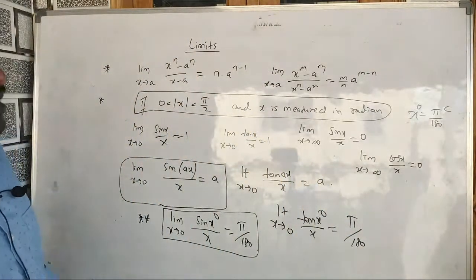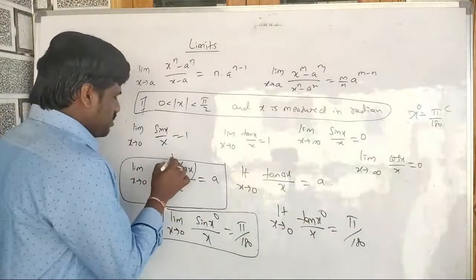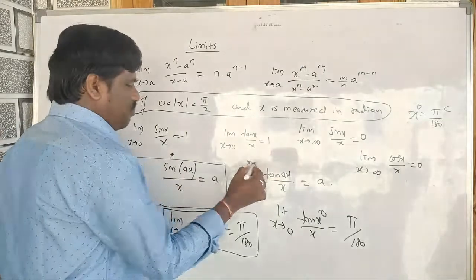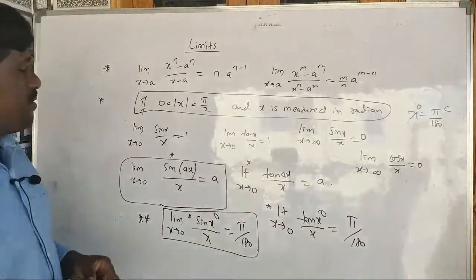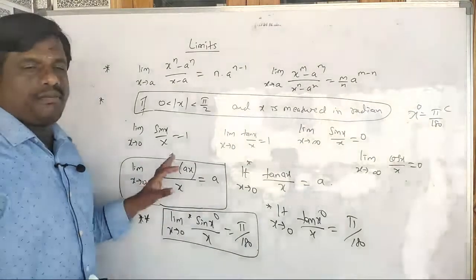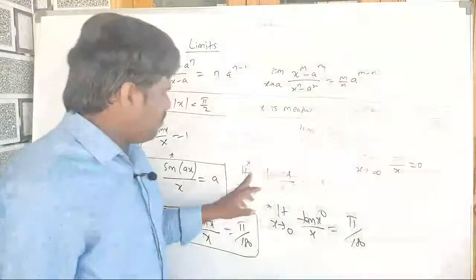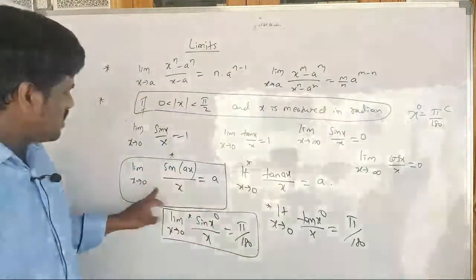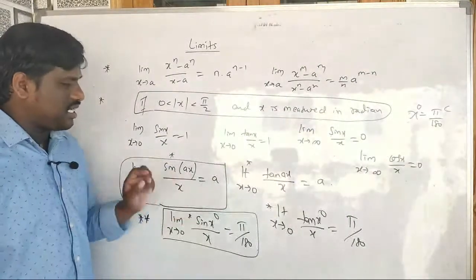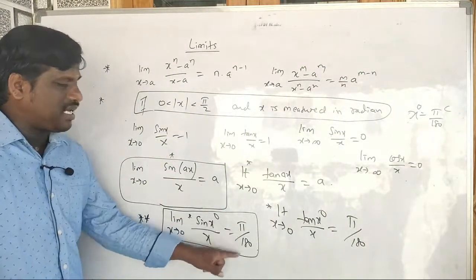The main new formulas for you are these. If you remember them directly, it will be very beneficial. Limit x tending to 0, tan ax by x is a. Limit x tending to 0, sine ax by x is a. Limit x tending to 0, sine x degrees by x is pi by 180.